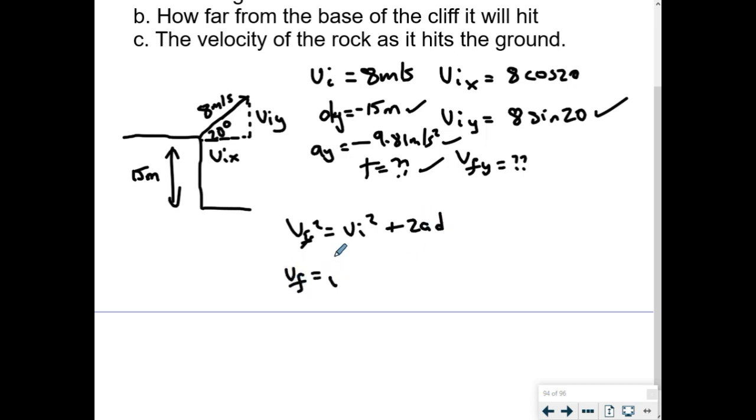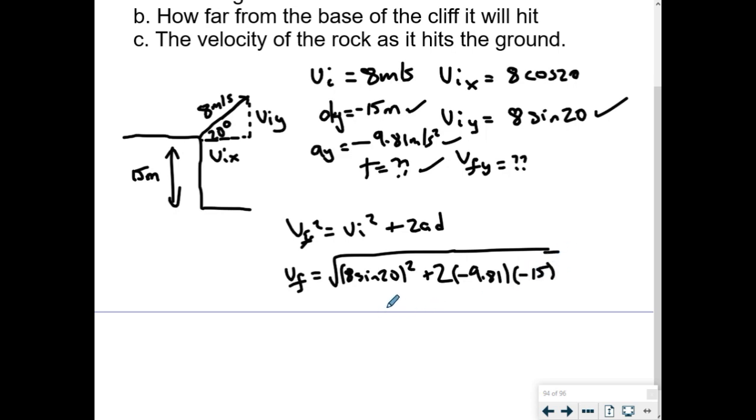So vf will be the square root of velocity initial squared, which will be (8 sine 20) all squared, plus 2 times negative 9.81 and negative 15. I could tell you how fast this thing's going to be hitting the ground in the y direction, which I don't really need that number, but this is a nice end around for having to use the quadratic formula.